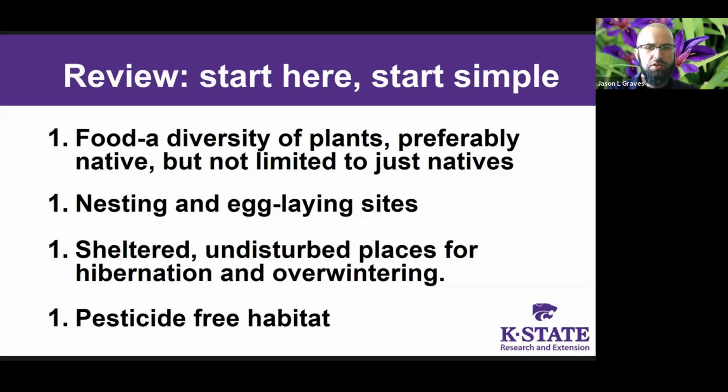We need sheltered, undisturbed places for hibernation, especially with bumblebees. We want to be thinking through this sort of checklist if we're talking about an effective pollinator garden. And then finally, pesticide-free habitat is really important.